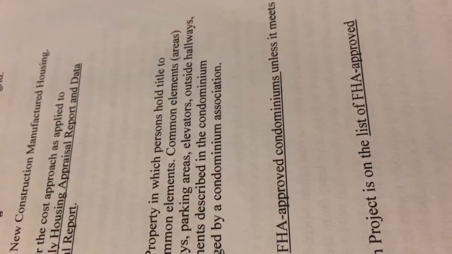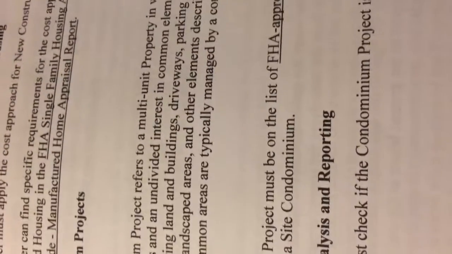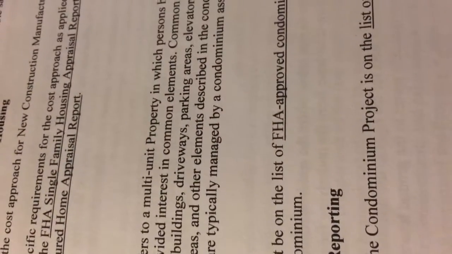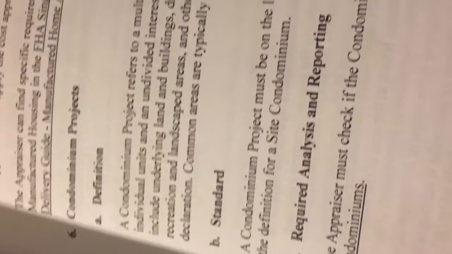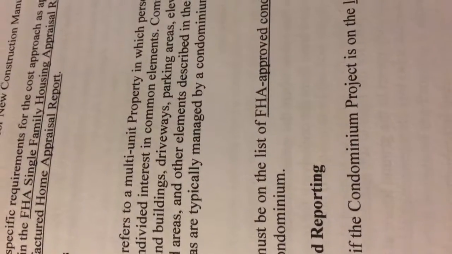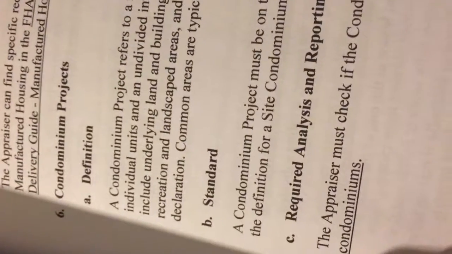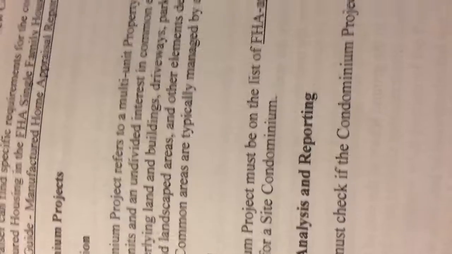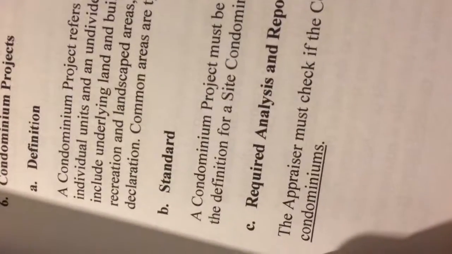Common elements areas include underlying land and buildings, driveways, parking areas, elevators, outside hallways, recreation and landscaped areas, and other elements described in the condominium declaration. Common areas are typically managed by a condominium association.